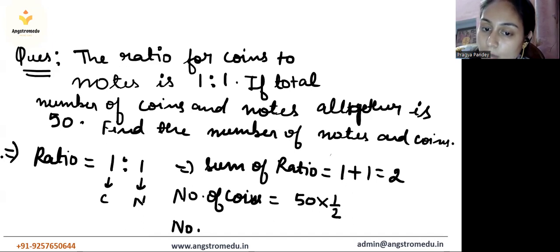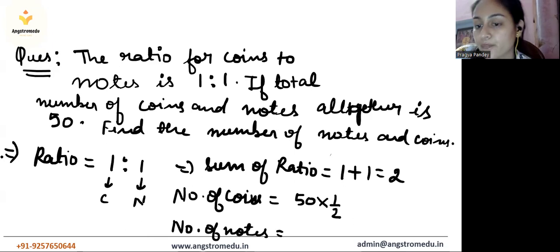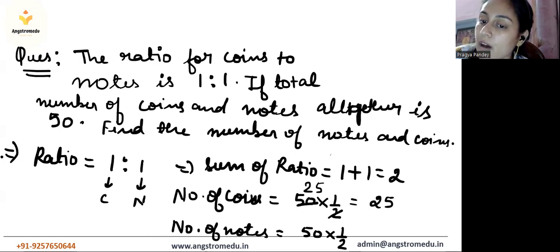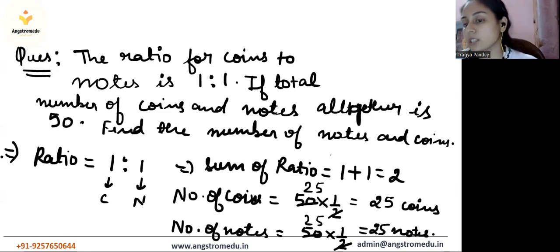And if we are talking about the number of notes, it is 50 by 1/2 only, because the ratio is the same. So it will be 25. So 25 are coins, and same here, 25 are notes from the total number which is given to us.